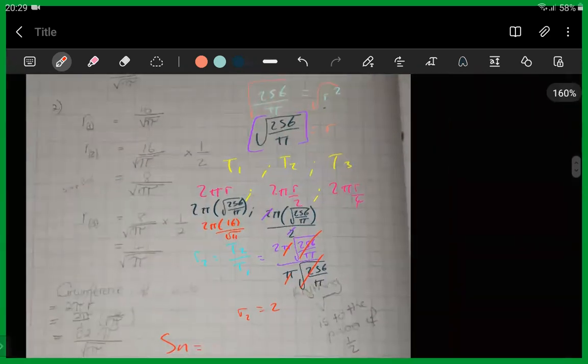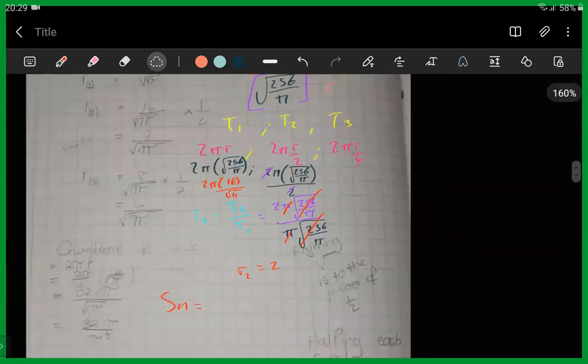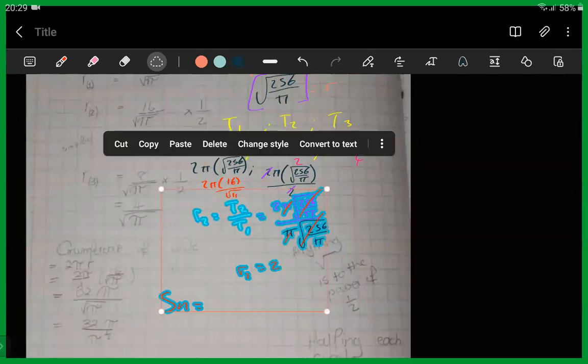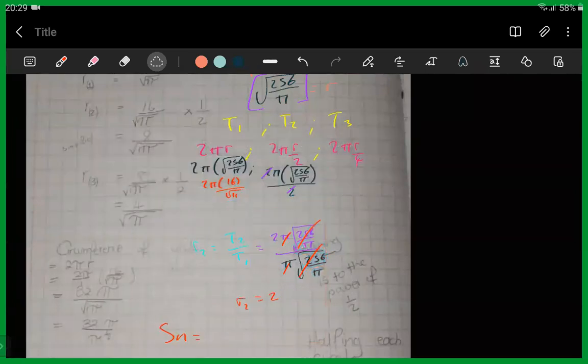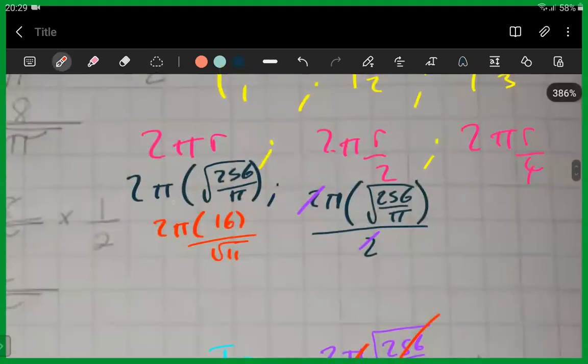Meaning this first term, you can write it a bit better for the sake of being able to perform calculations easier. You can then write it as 2 pi times 16, which is technically 32 pi over square root of pi.